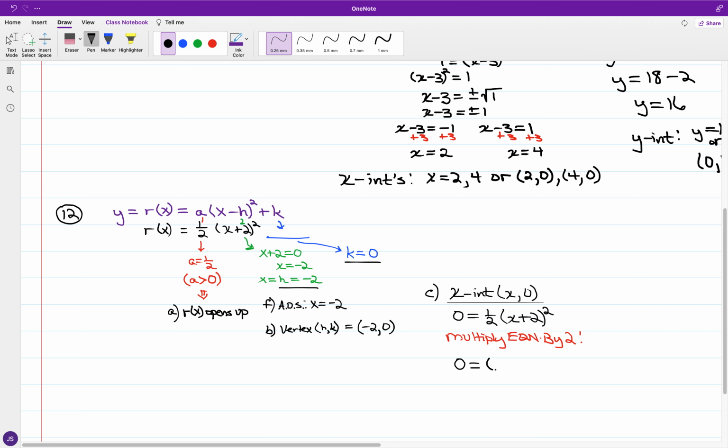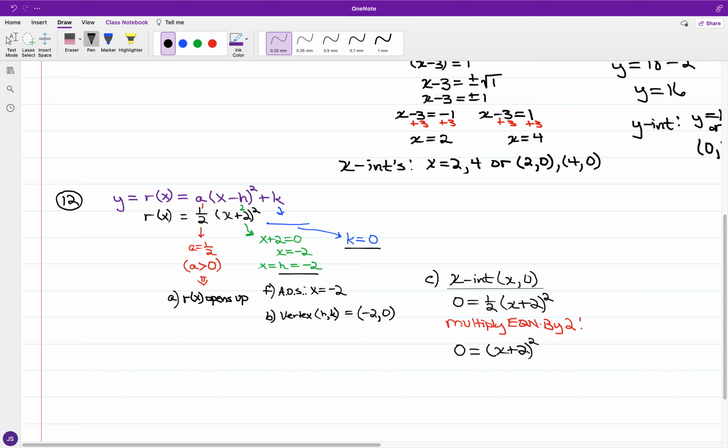And then we have times the square of x plus 2. So we got the variable expression by itself on the right, 0 on the left. And what I'll do here is just switch the order. So we have the square of x plus 2 on the left and 0 on the right.